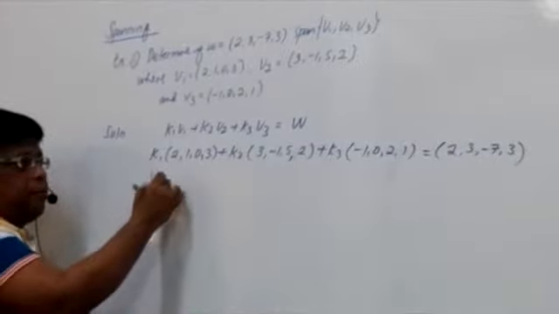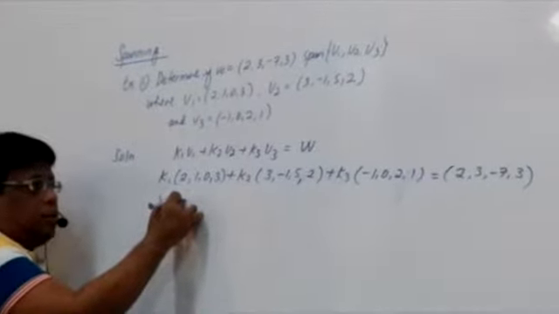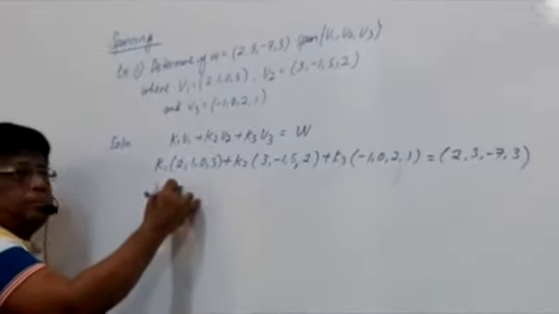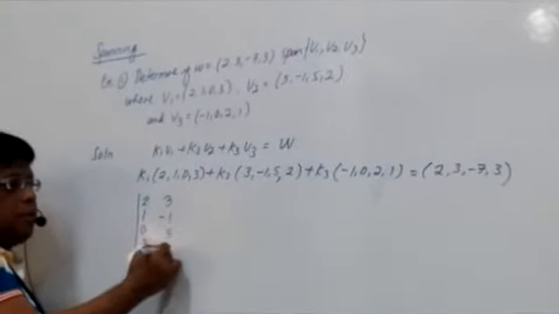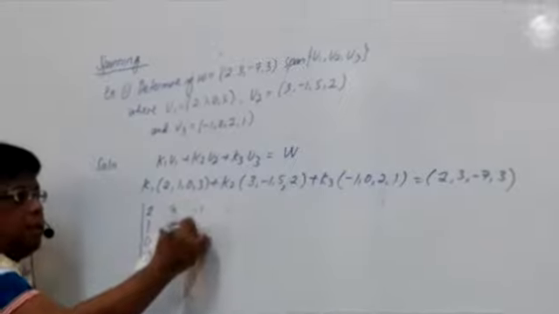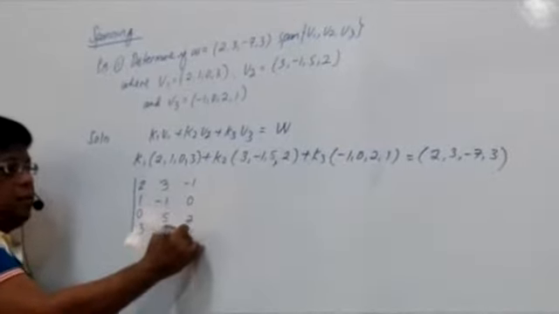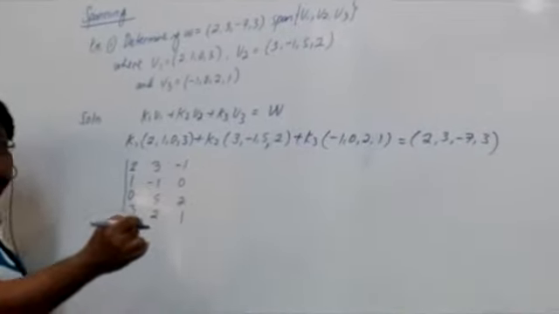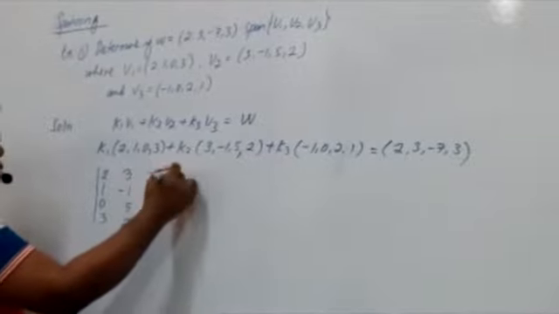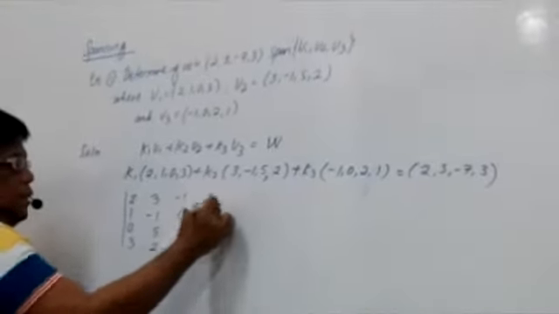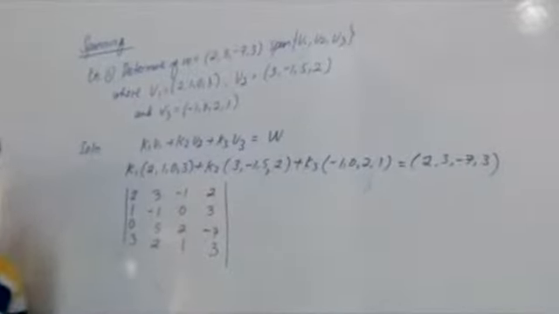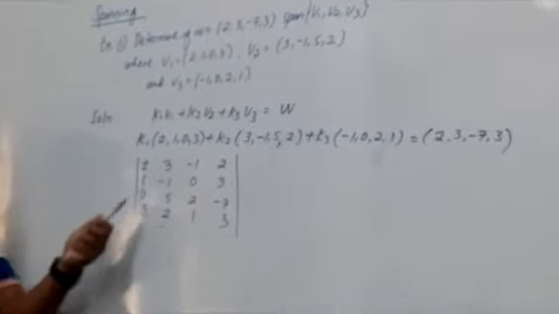Then the second column will be the vector 2 components 3, -1, 5, 2. And then we have -1, 0, 2, 1 for the third column. And for the fourth column, we have 2, 3, -7, 3. Okay? Then, class, check out your matrix.